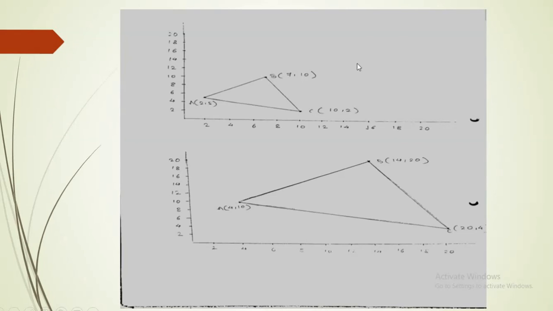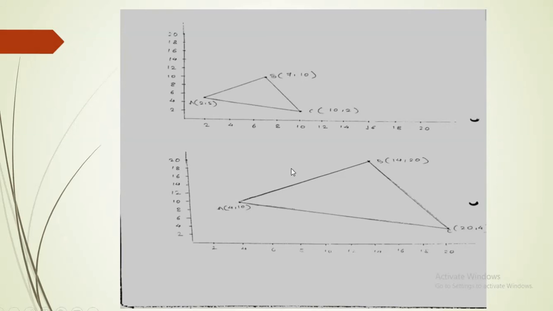The first image coordinates are A, B and C, which are 2, 5, 7, 10 and 10, 2. We plot them over here in this image, and the second, that is the answer, A dash, B dash and C dash, is equal to 4, 10, 14, 20 and 20, 4.